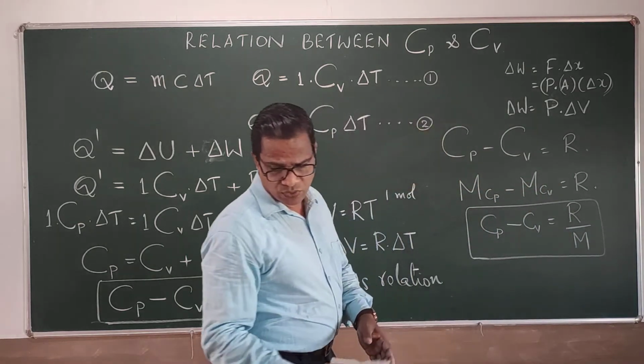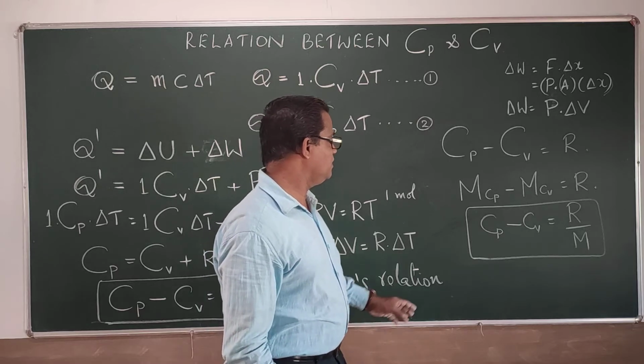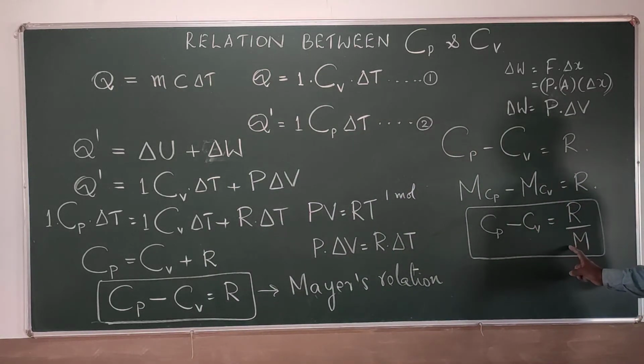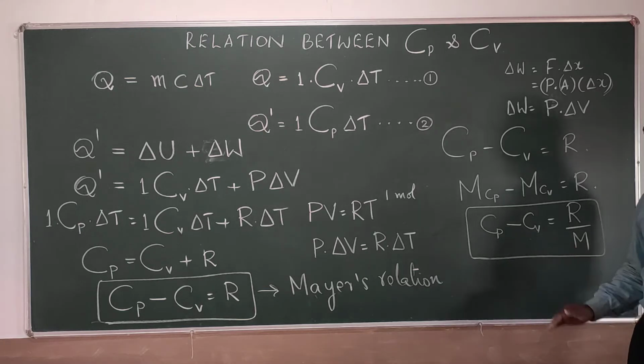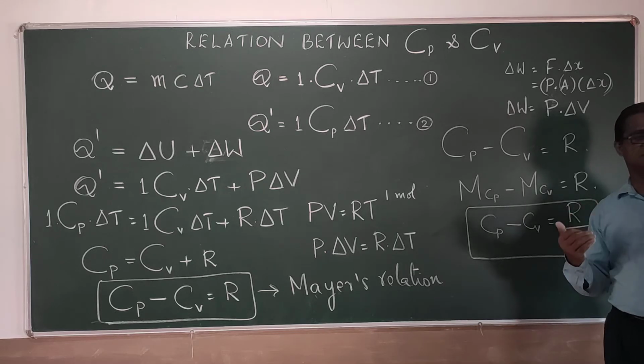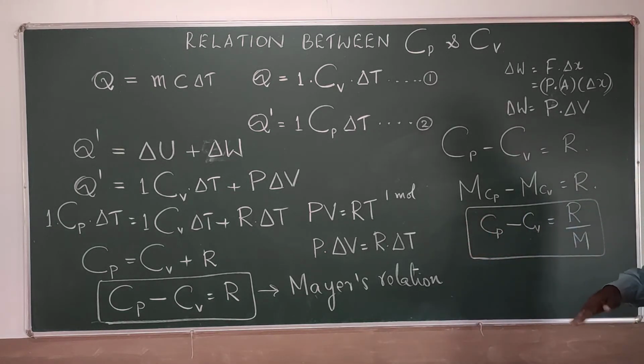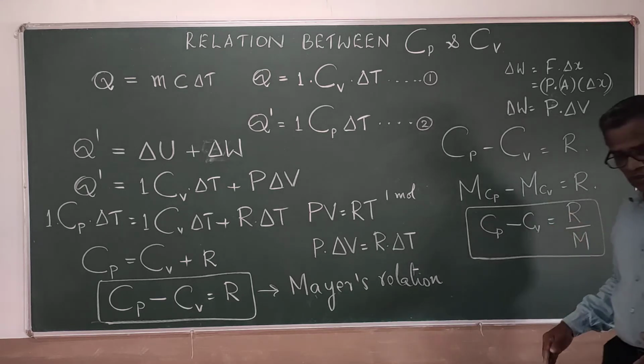So this is also another relation to be remembered between Cp and Cv. So Cp is greater than Cv, and Cp minus Cv equal to R.